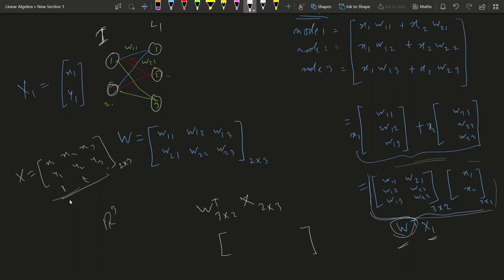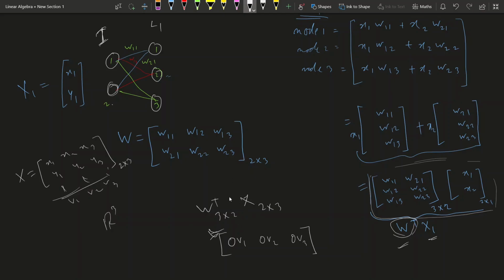Let's say these are v1, v2 and v3. Then you will get the outputs ov1, ov2 and ov3. These are the outputs of the individual vectors, right? So this is one way you are computing the output of the entire data set in one go, in one shot, as a matrix multiplication.